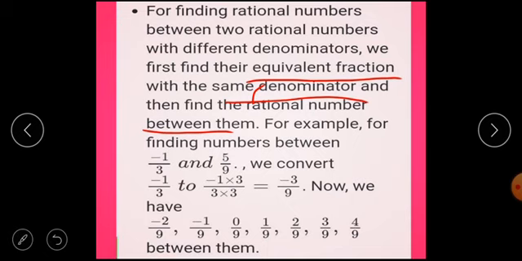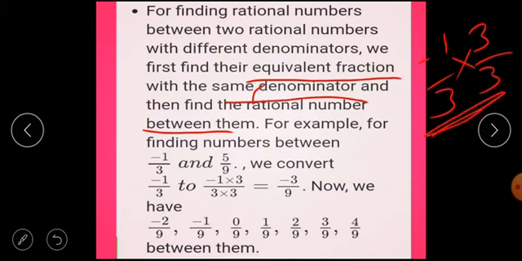So we will multiply and divide minus 1 upon 3 by 3, because we have to make the denominator 9. So I will get minus 3 upon 9.